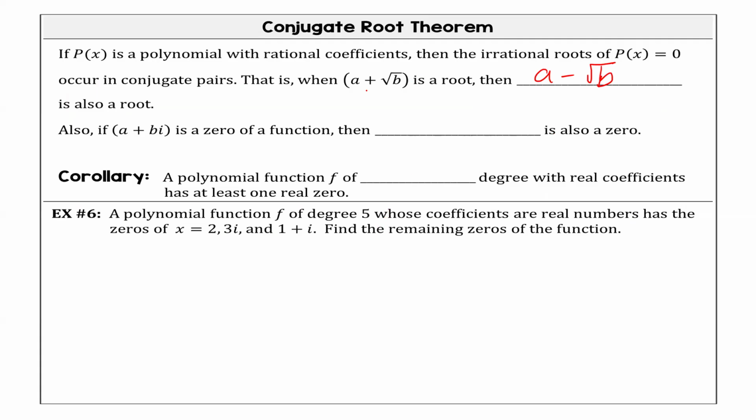If one of my factors is a plus the square root of b, then the other factor has to be a minus the square root of b. Okay, so that's the same for our roots. If I have a plus bi, then I have to have a minus bi, aka my evil twin.